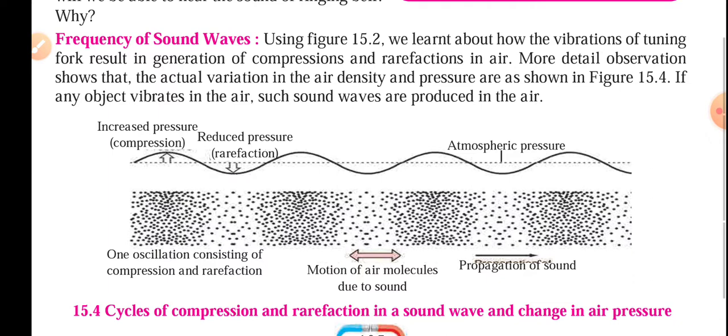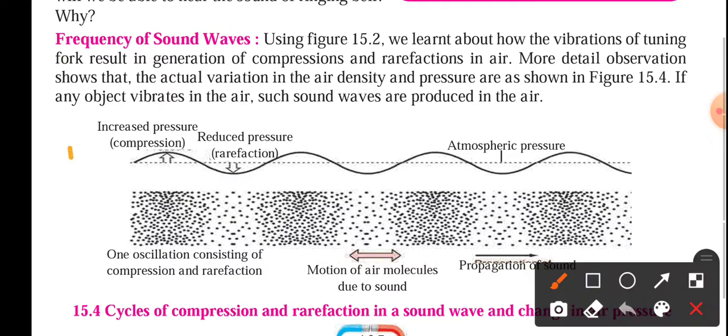You can see over here the increased atmospheric pressure, that is a compression. When pressure is exerted on the air column, the particles come close to each other and form compressions. And when they are relaxed, it is called rarefaction.